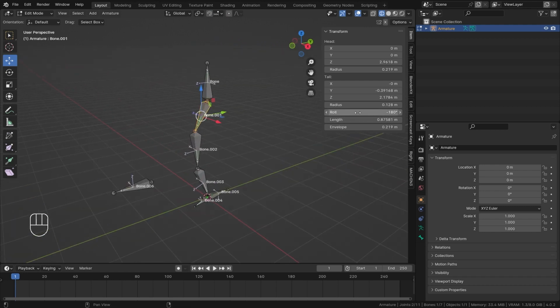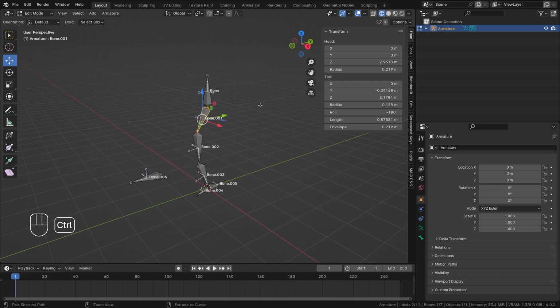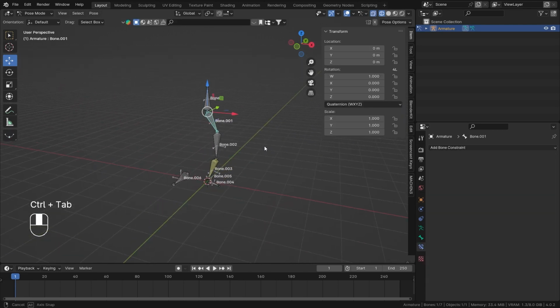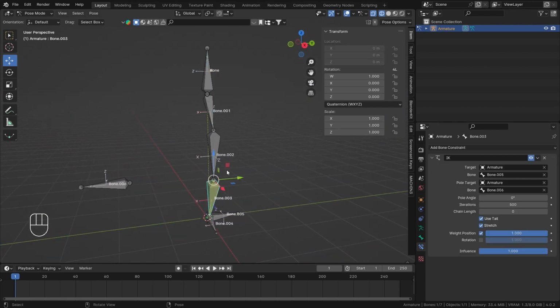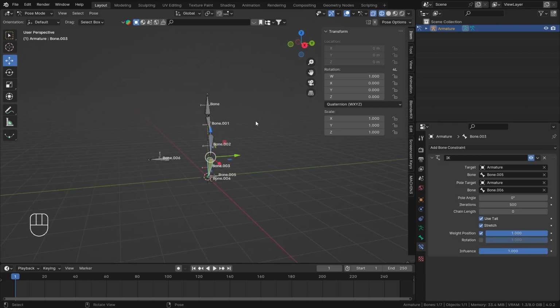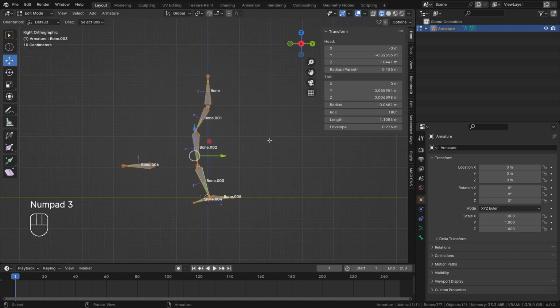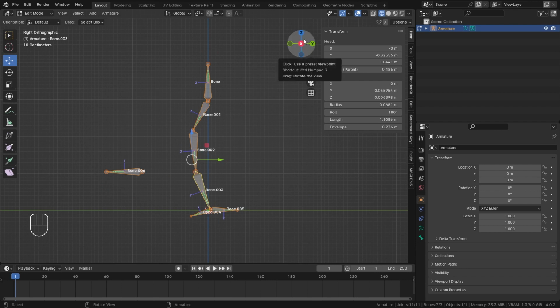Now instead of manually typing in the numbers over here, there is an easy way of fixing the poles. So in the pose mode, you can see my bones just get rotated like this in this plane. So I'll just go into the edit mode, select everything. Let's press 3 to go into the side view, or you can just click over here.